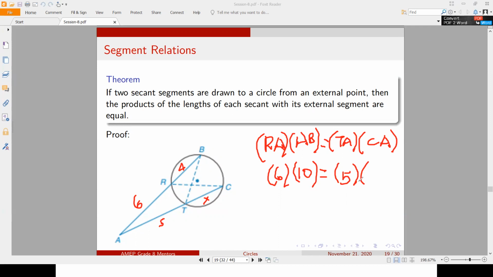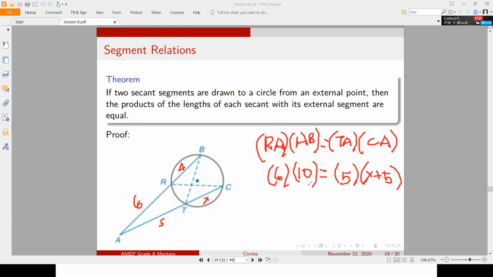Anong ginawa natin sa 6 at 4? Inadd natin, di ba? O, anong gagawin natin sa 5 at sa x? X plus 5 po. Correct. It is x plus 5. Kapag sinabi mo kasing 5x, pinag-multiply mo yon, 5 times x. Eh, ang sabi na sa atin, i-add. So that is x plus 5.